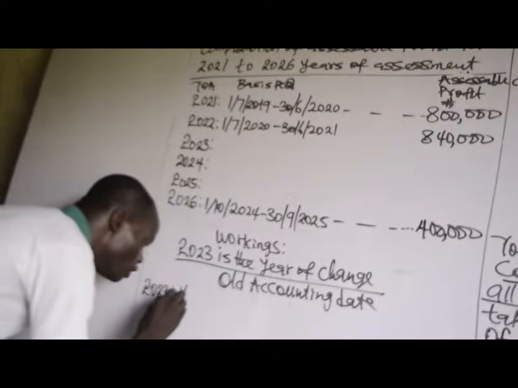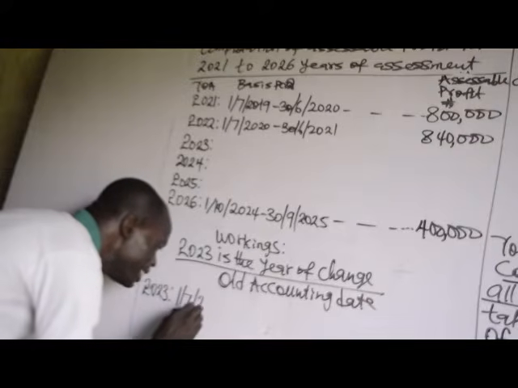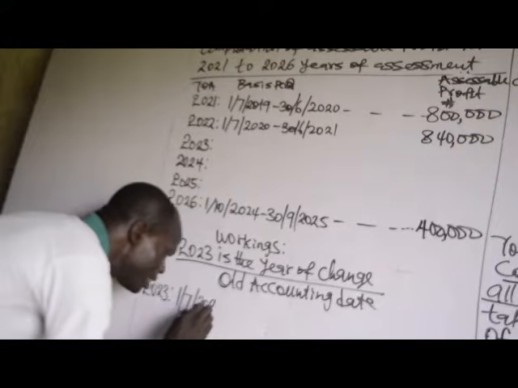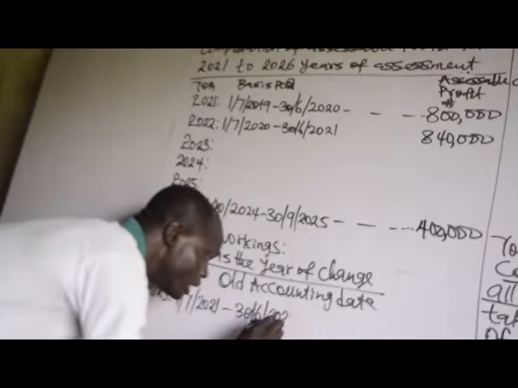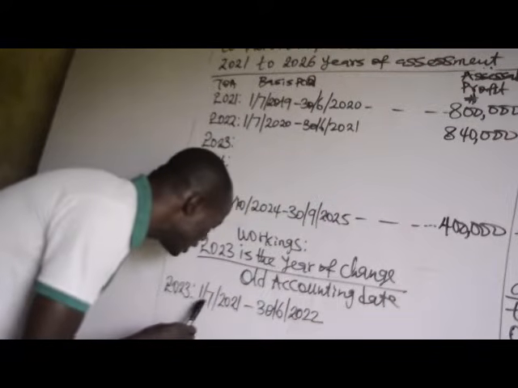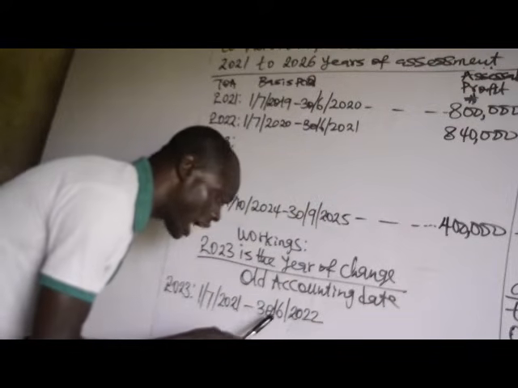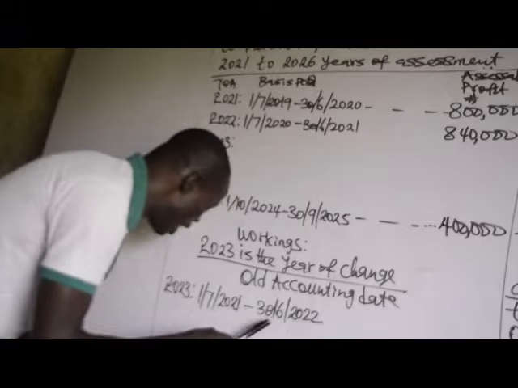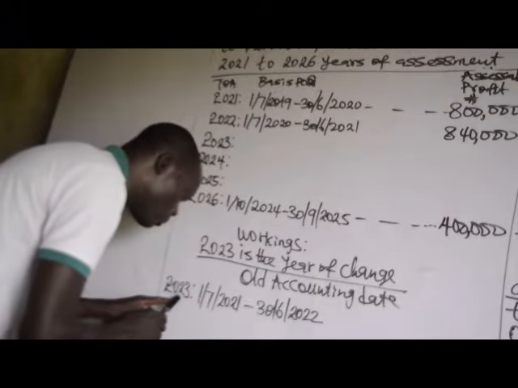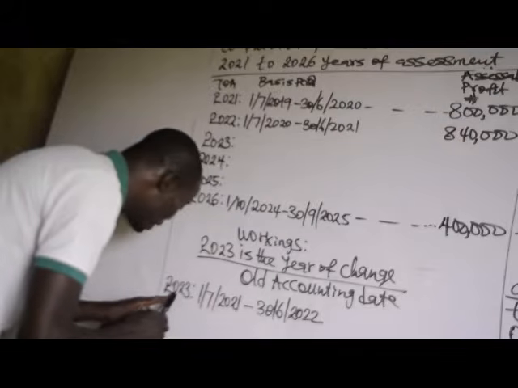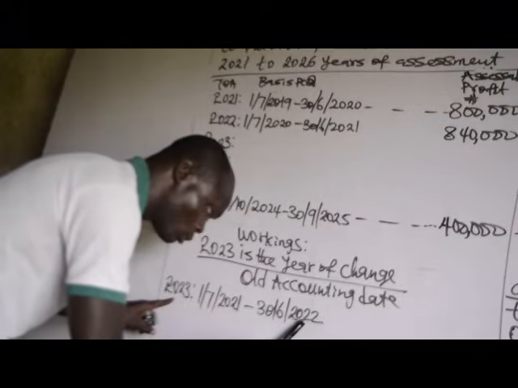We have 1st of July 2021 to 30th of June 2022. The old accounting date ended as at 30th of June. Therefore, if preceding year basis (PYB) is used, the preceding year to 2023 will end as at 2022.